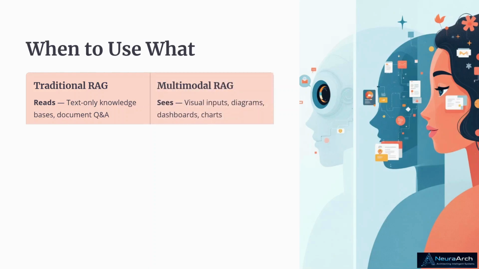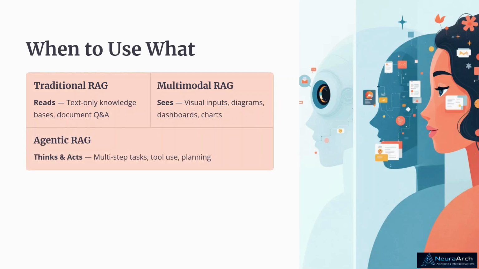Then the multimodal, where your RAG needs to see something. In the traditional RAG, your RAG is expected to read. But if you are expecting some visual inputs, diagrams, dashboards, then definitely you have to go ahead with the multimodal RAG.